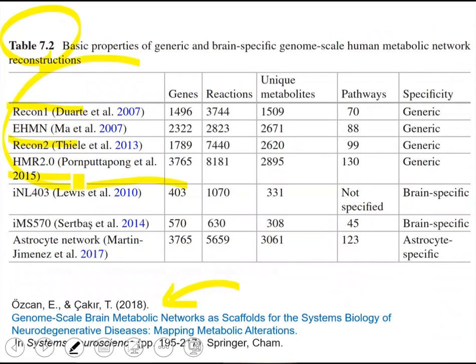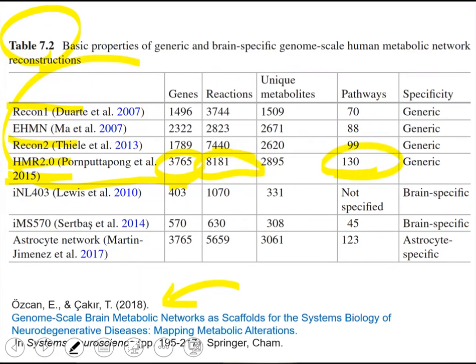Later in 2015, HMR2, the Human Metabolic Reaction metabolic network, was published by Nielsen's group. Compared to Recon 1 and Recon 2, it included a much higher number of genes, a higher number of reactions, and a higher number of pathway associations.